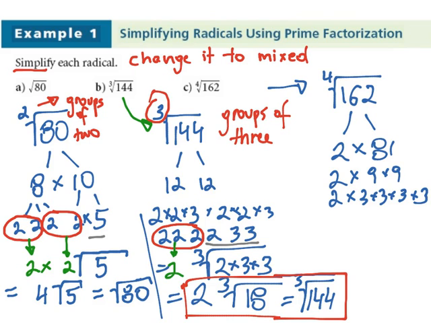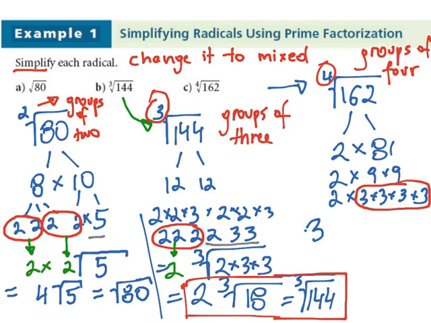Since the index is 4, we're looking for groups of 4. And in this case, we have a group of 4 with the 3's. So again, we'll take one of the 3's out. We'll put the radical with the index of 4.